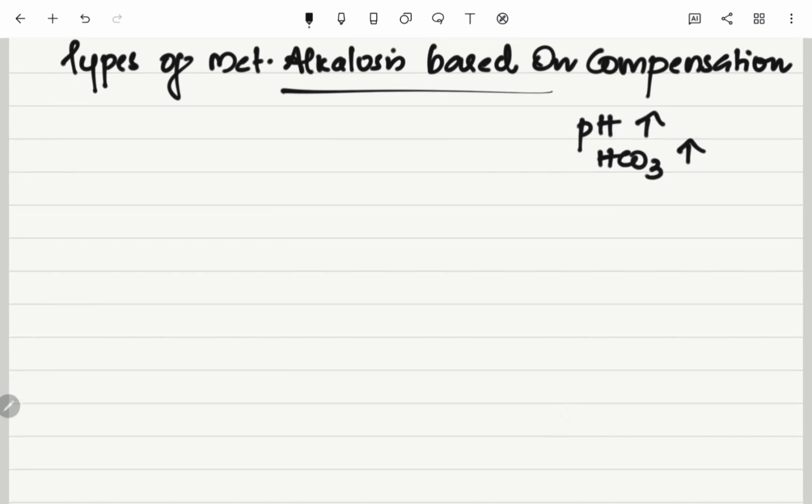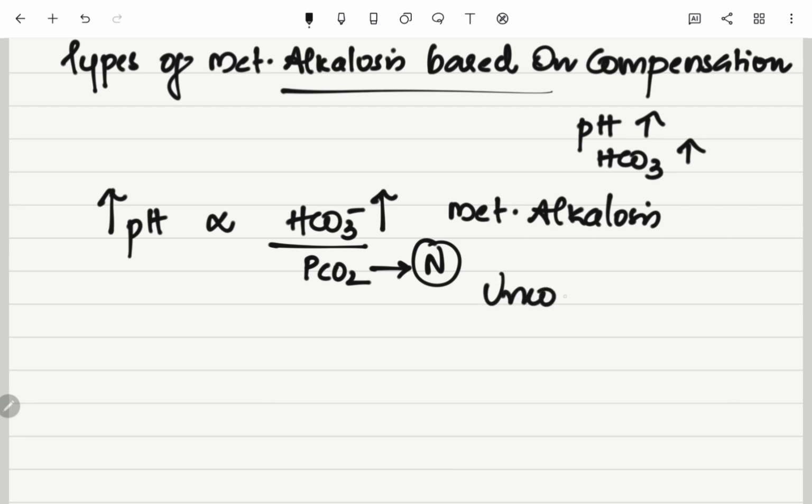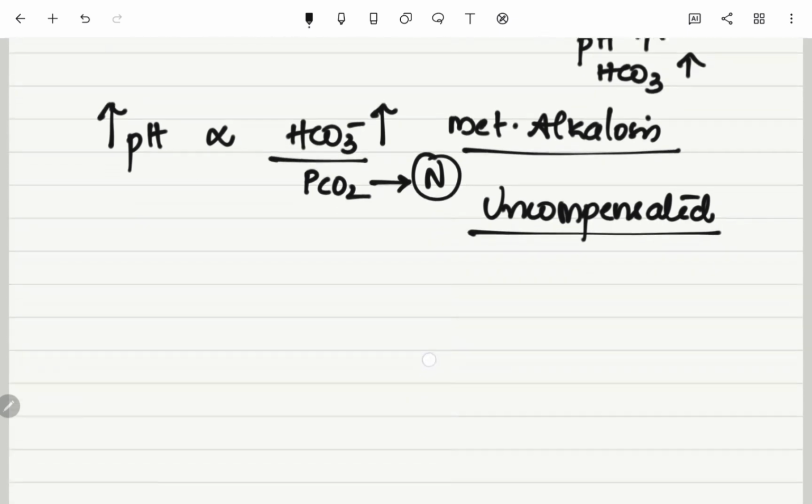With the Henderson-Hasselbalch equation, pH is proportional to HCO3 by H2CO3. So pH is increased, HCO3 is also increased. That means it is metabolic alkalosis. And if PCO2 remains within the normal reference range, that means no compensation is happening in our body. That is uncompensated metabolic alkalosis.